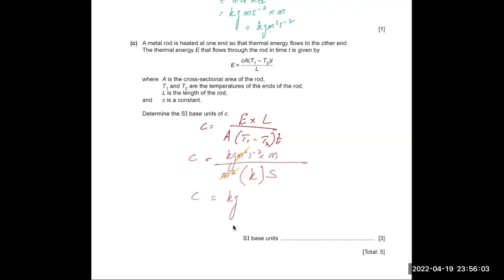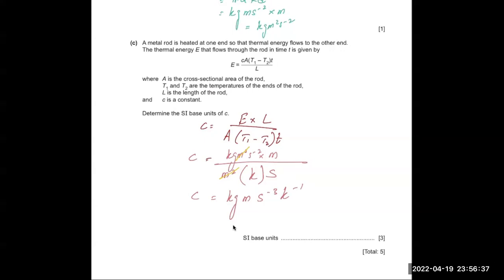So kilogram, meters, you shift this second to the numerator, this becomes s to the power minus 1. Minus 2 plus minus 1 is equal to minus 3, so s to the power minus 3. You shift this K to the numerator, you get K to the power minus 1. So kilogram meters per second cubed per Kelvin. These are the units for C.